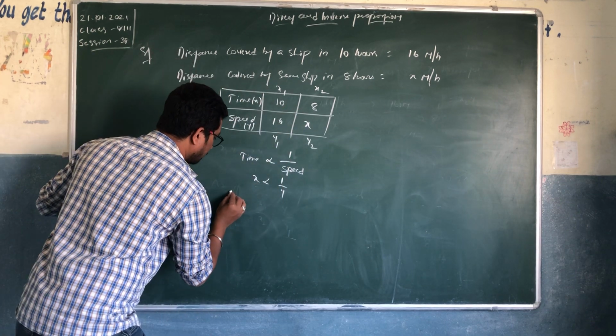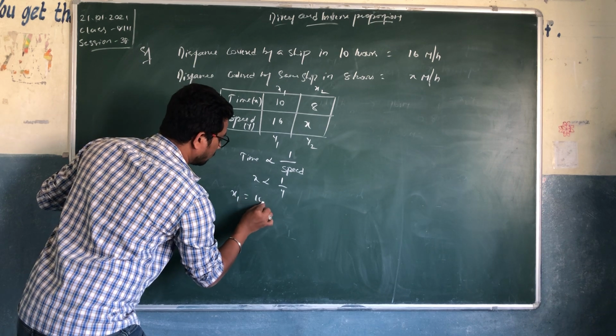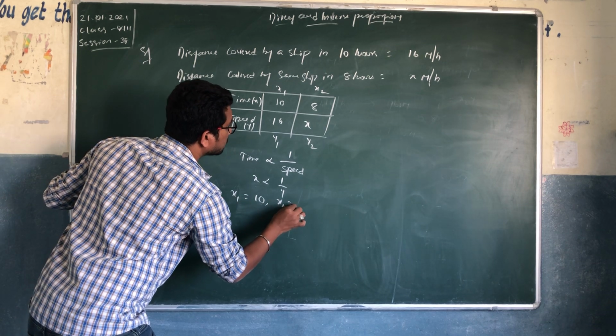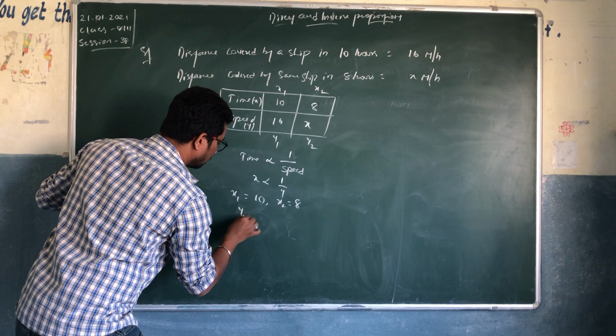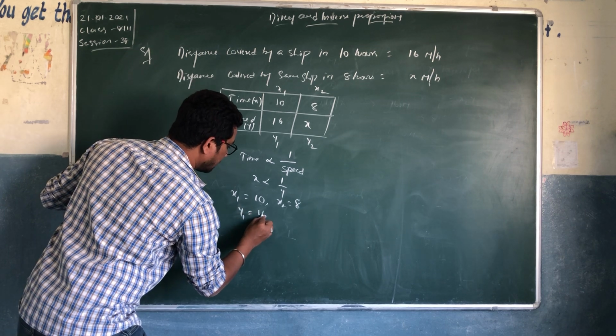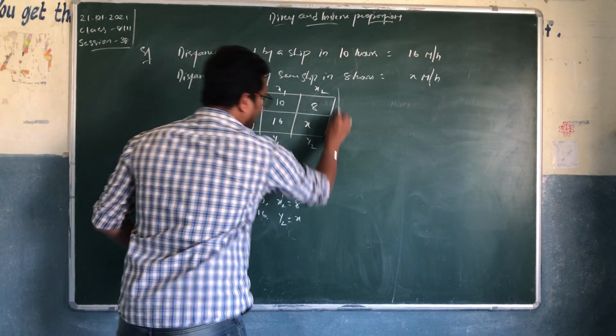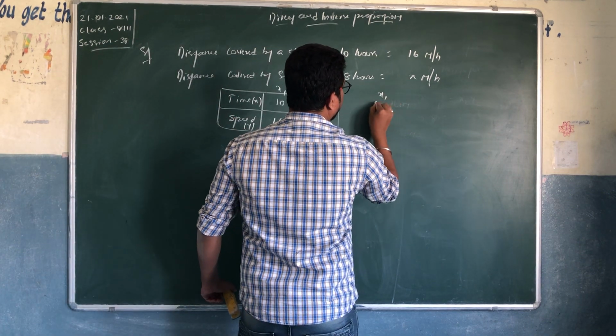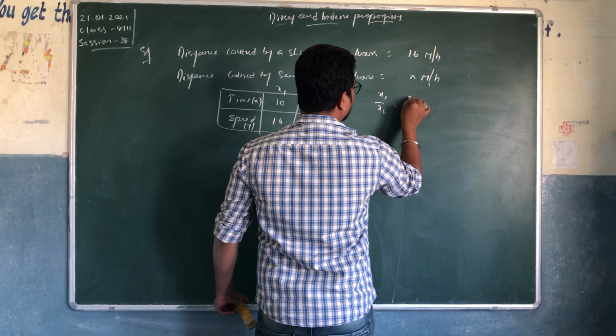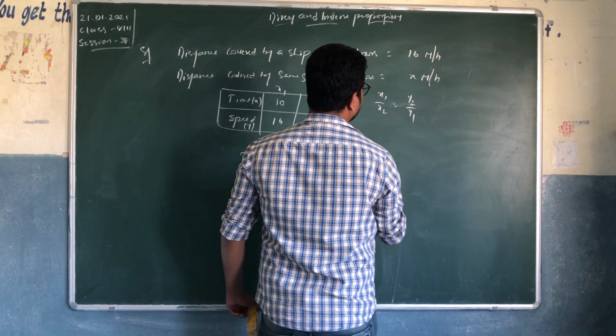From this, x1 is equal to 10, x2 is equal to 8, y1 is equal to 16, y2 is equal to x. The formula we have is x1 by x2 is equal to y2 by y1.